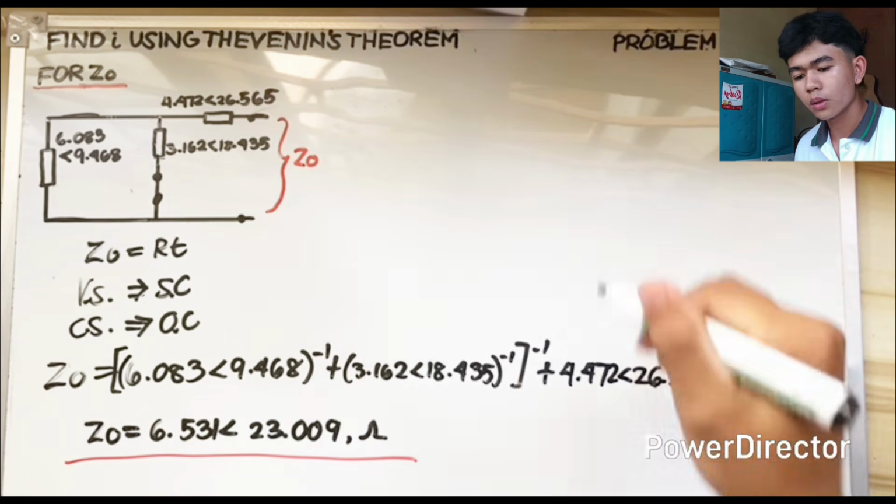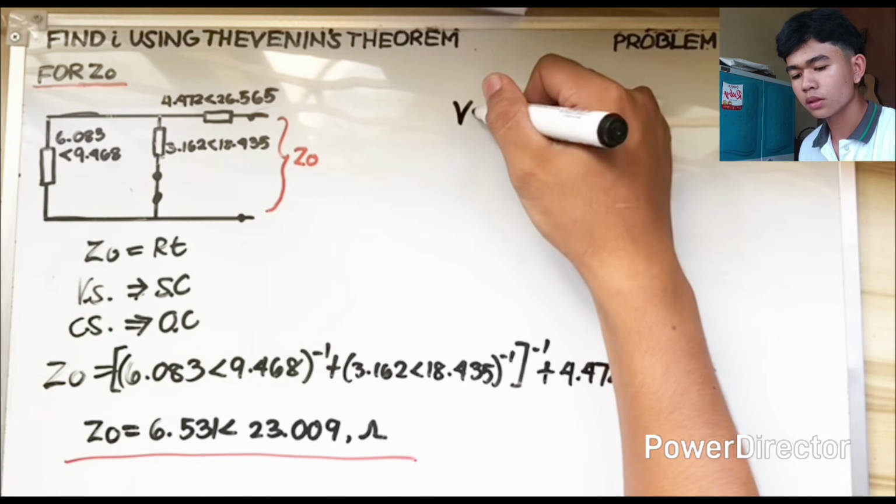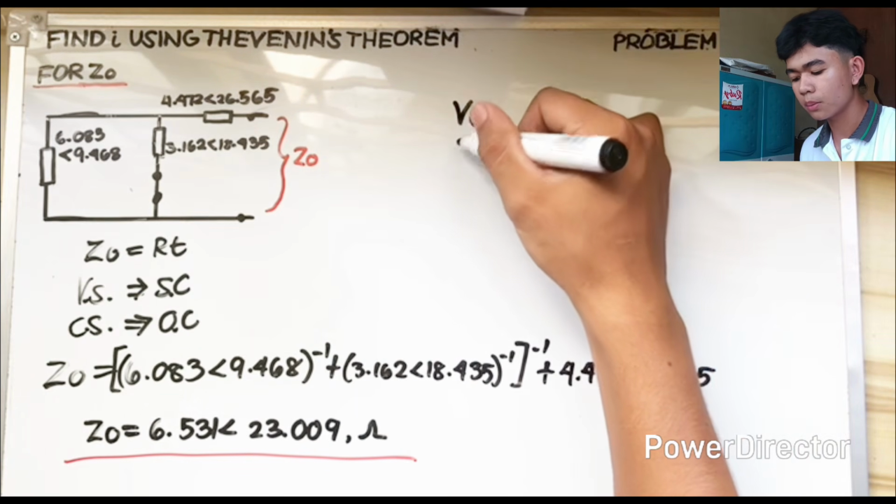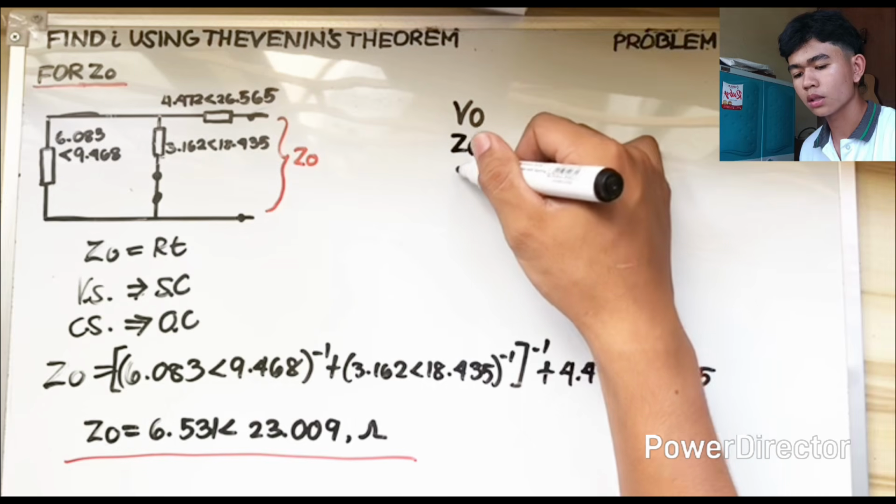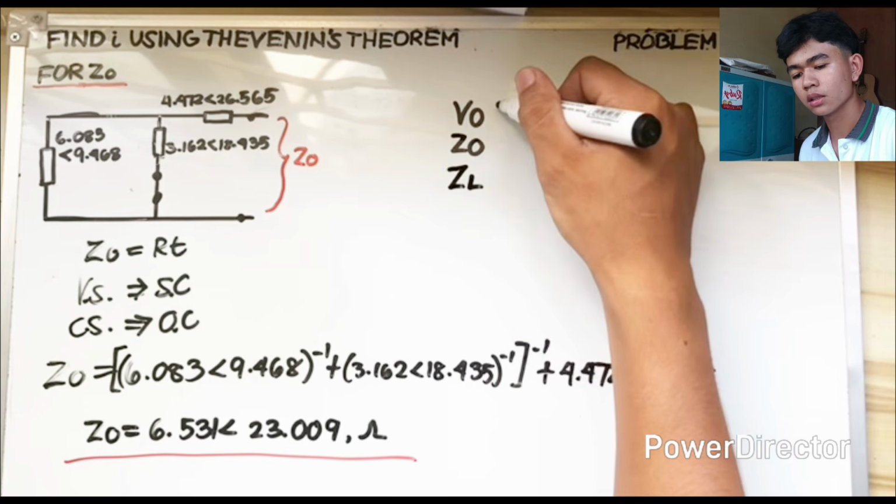So we have the value of V sub O, the value of ZO, and also the value of ZL.